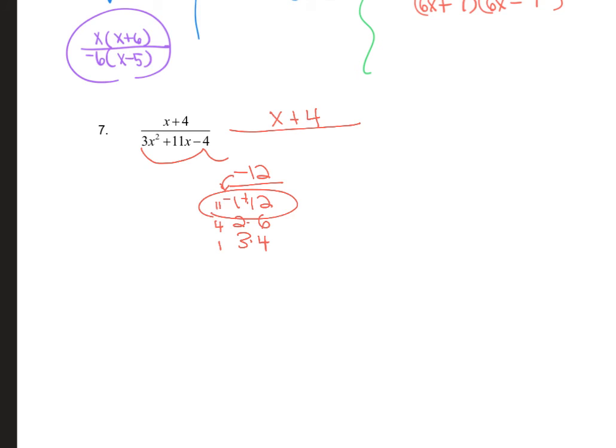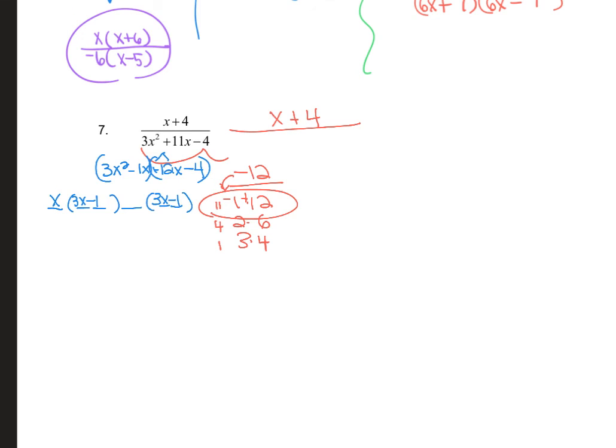So now we want to split our middle piece, and we get 3x squared minus 1x plus 12x minus 4. We group the first two and the last two, and then we pull out our GCFs. So when we pull out our GCFs, we get just an x, 3x minus 1. This will be 3x minus 1.